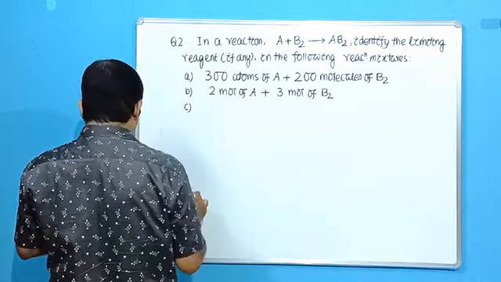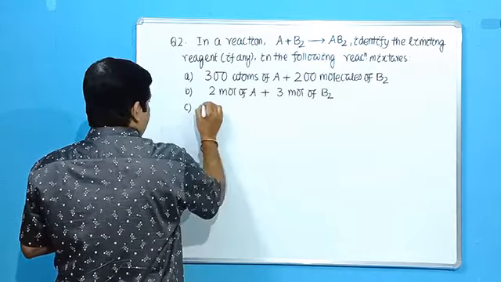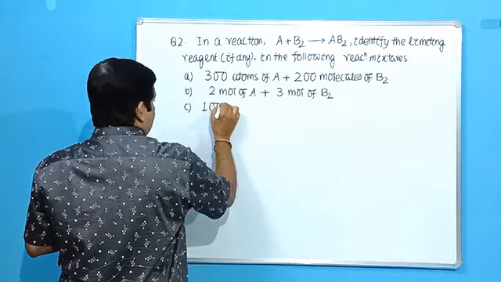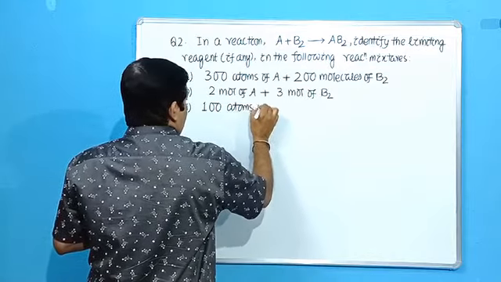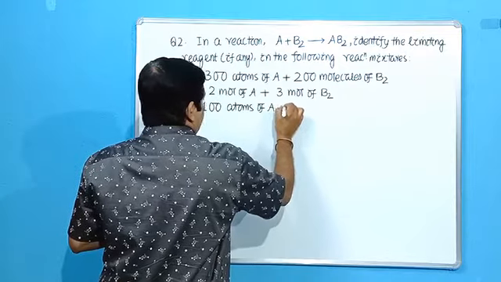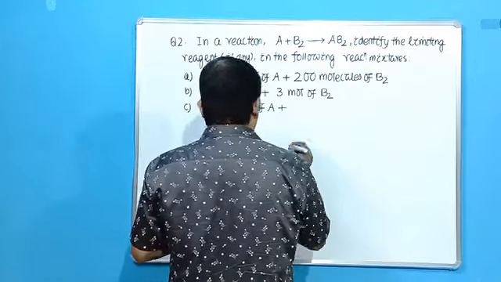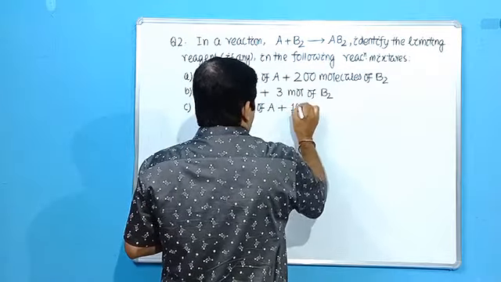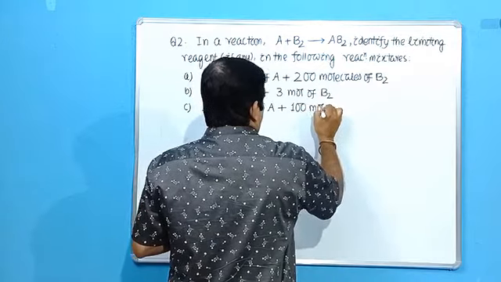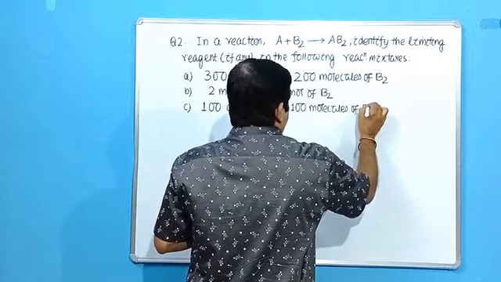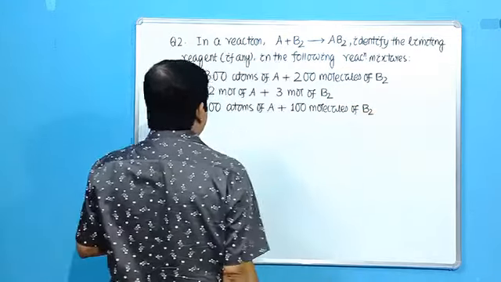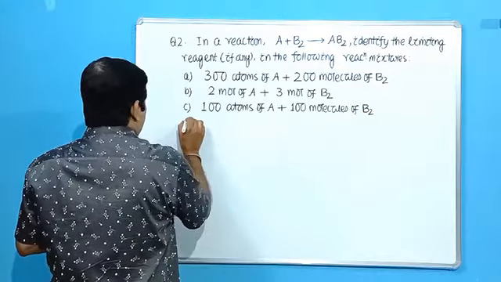Next, 100 atoms of A plus 100 molecules of B2. This is the third one.